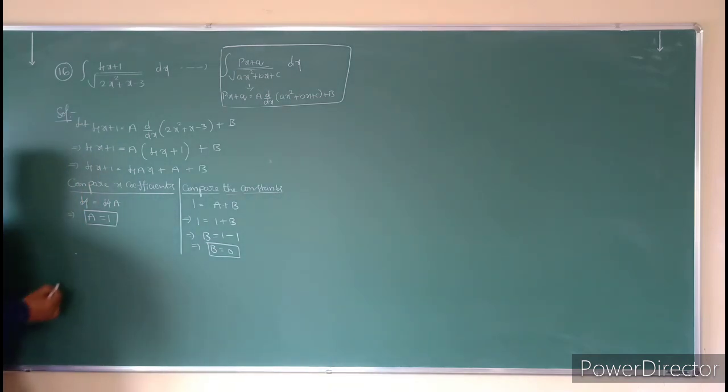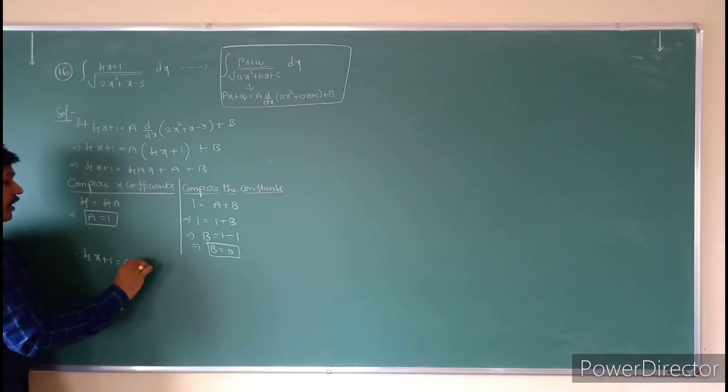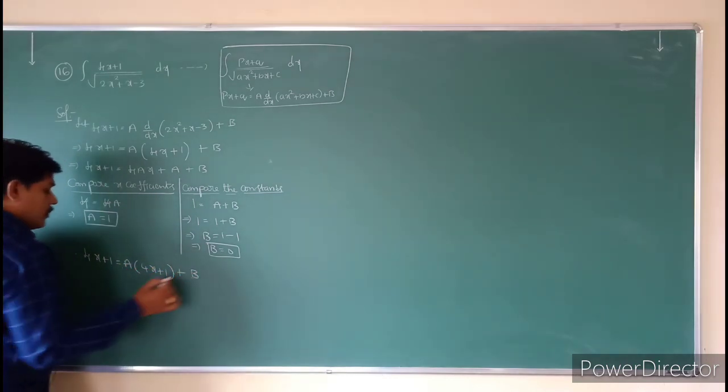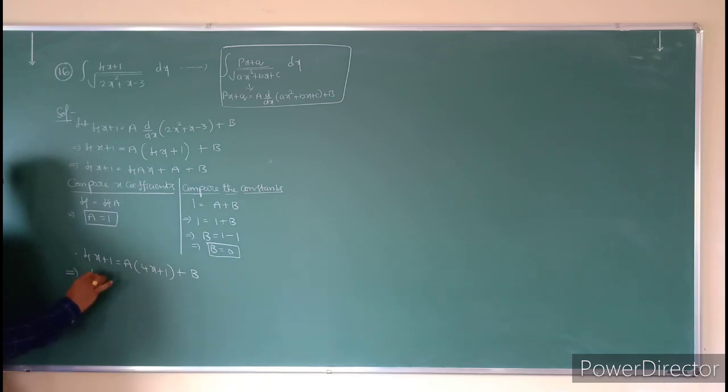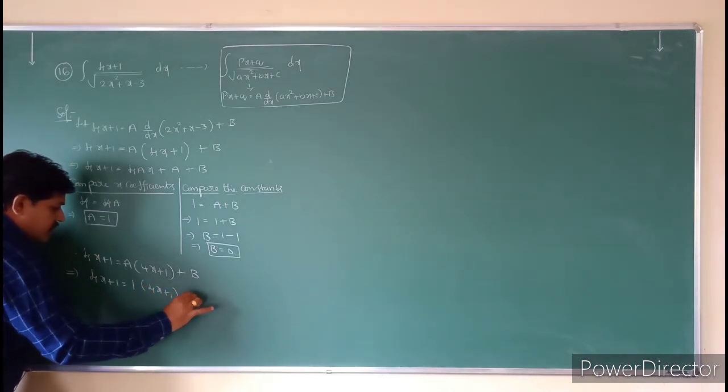Therefore 4x plus 1 is equal to a into (4x plus 1) plus b. That means 4x plus 1 is equal to the a value, which is 1, into (4x plus 1) plus 0.